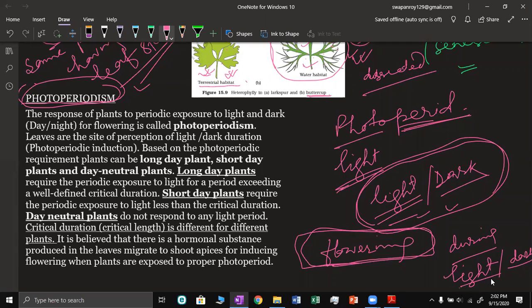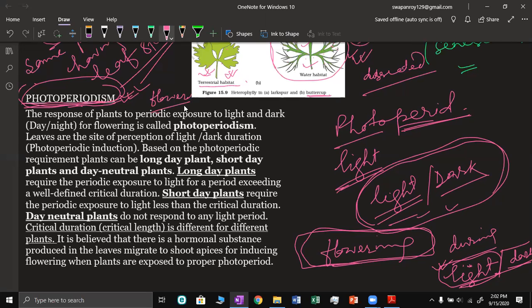So repeated light and dark periods and a particular duration of light is required. This phenomenon is known as photoperiod. So if they are not getting that much duration of light, then the plant will fail to flower.